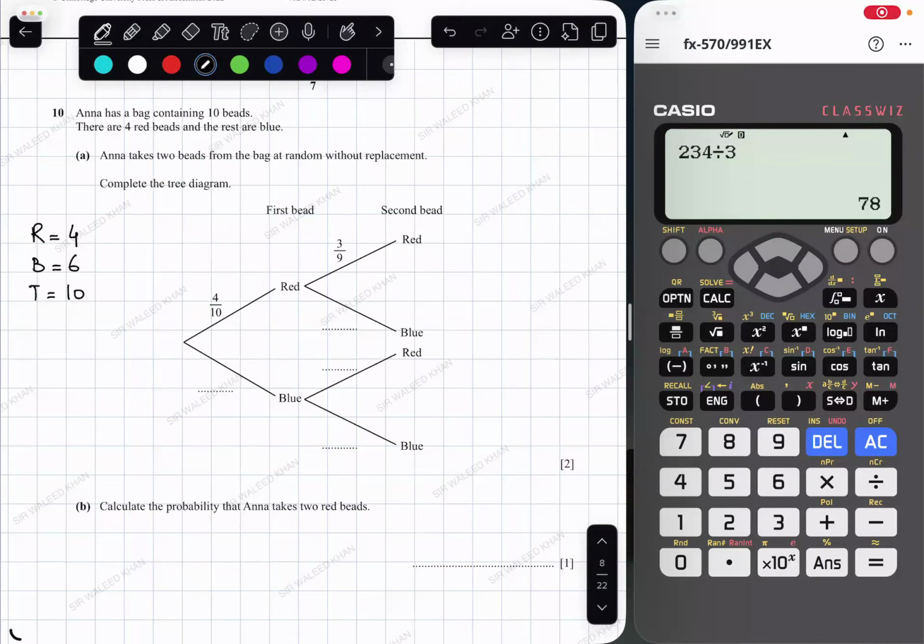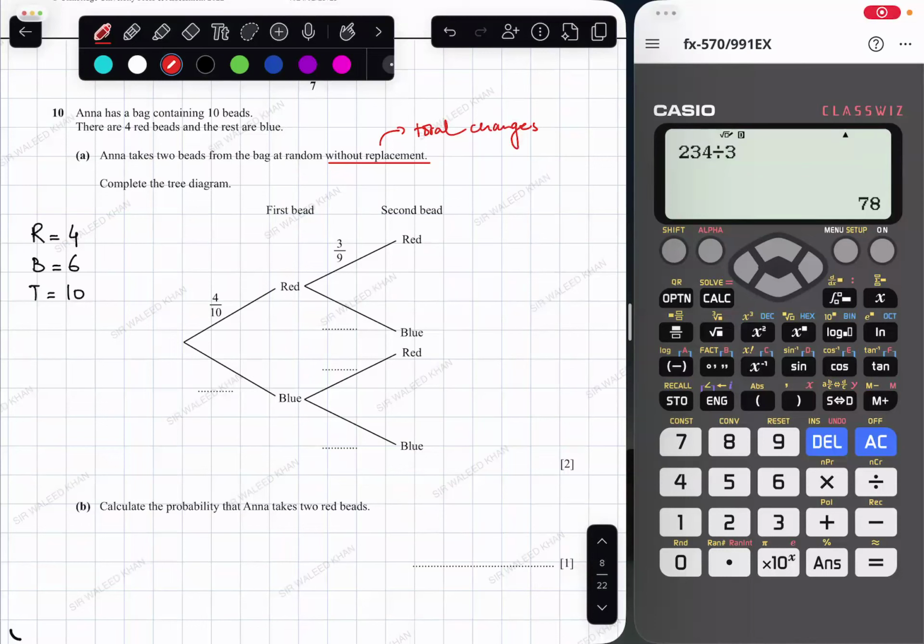Always make a list, because the probability over here is without replacement. That means the total is going to change. Why will it change? Because each time we figure out the probability of one thing, we reduce that amount.